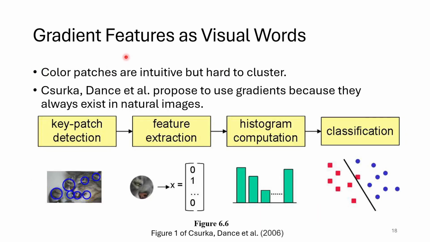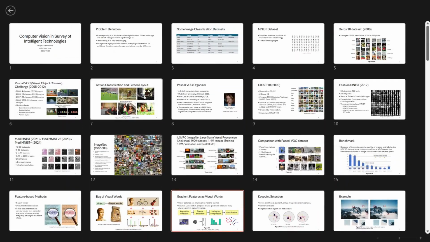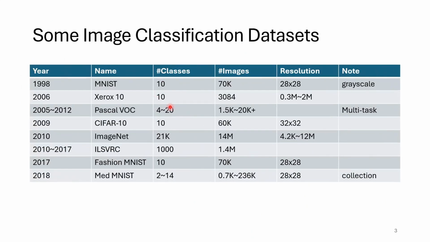However, given an image, let's go back to the problem again. For the Xerox 10 dataset, the resolutions are different. So how do you crop those patches from the image?